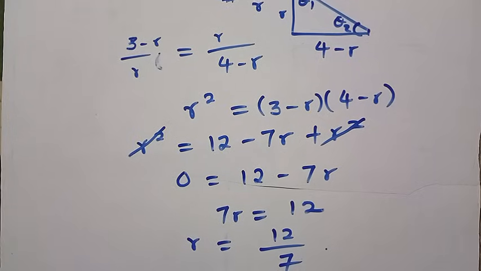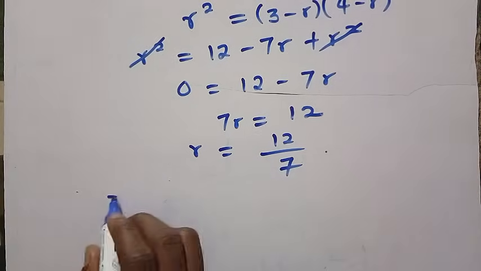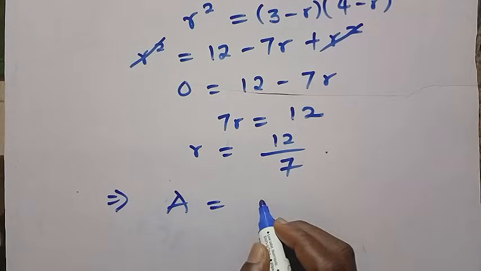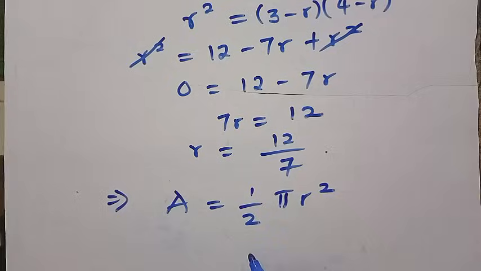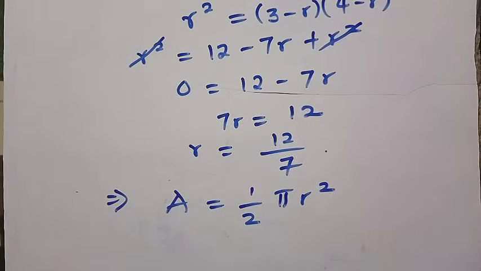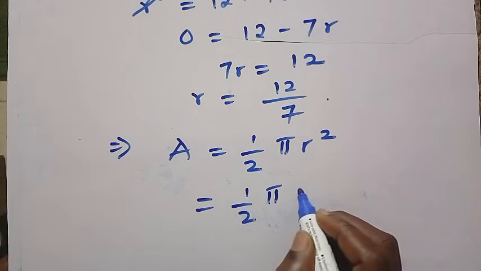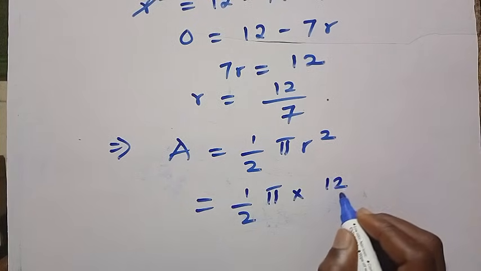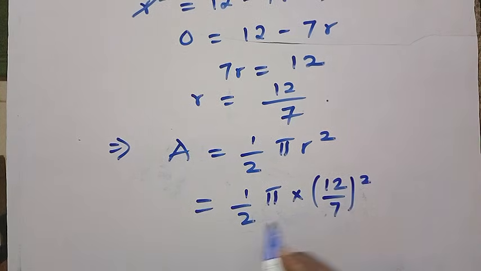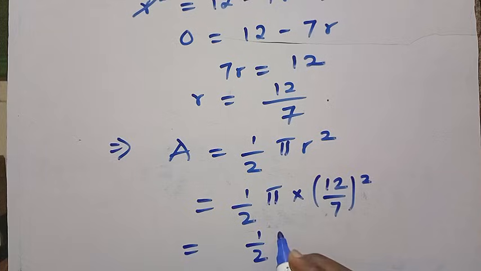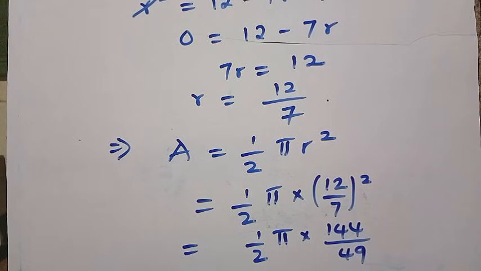And on getting r, we are going to substitute back to get the area of the semicircle. So the area of the semicircle equals 1 over 2 pi r squared, and r is 12 divided by 7. Replacing it, we have 1 over 2 multiplied by pi multiplied by 12 over 7 squared. And 12 over 7 squared gives us 144 divided by 49.